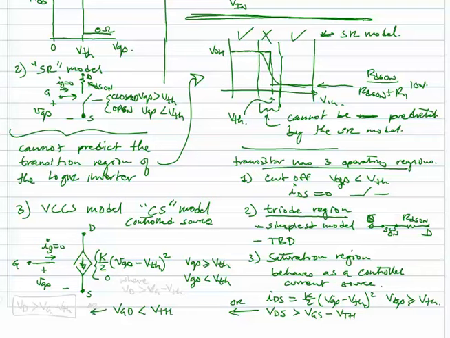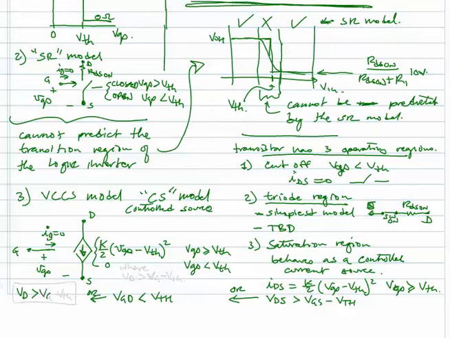Or we can write this in terms of V drain, because VGD is V gate minus V drain. So we could write that V drain must be greater than V gate minus V threshold. This is the one that I actually like using the most. So with this model comes the requirement that V drain must be greater than VG minus V threshold.